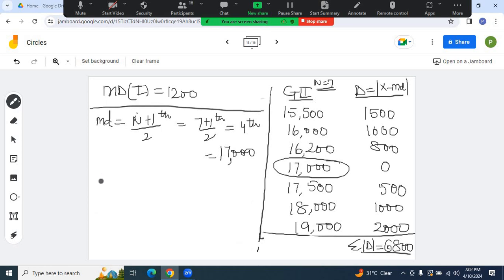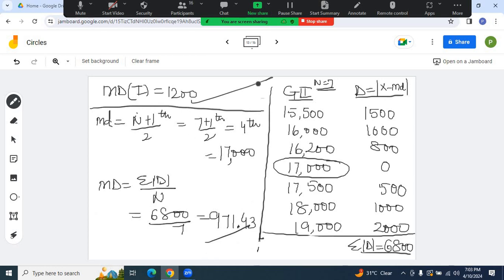Now mean deviation will be summation of deviation upon n. 6800 divided by 7. It will be 971.43. So mean deviation of first income group is 1200.